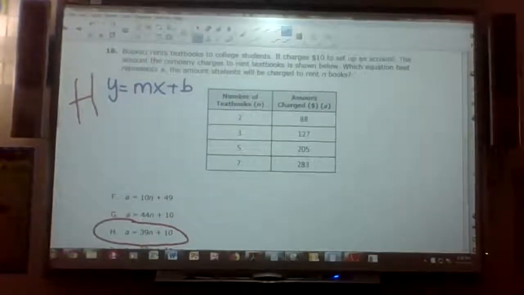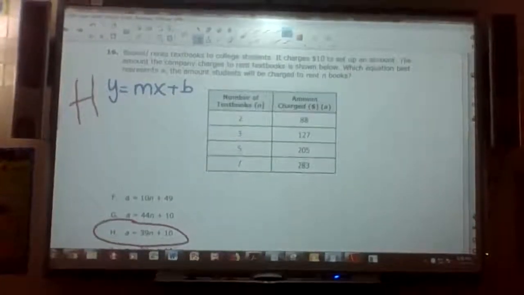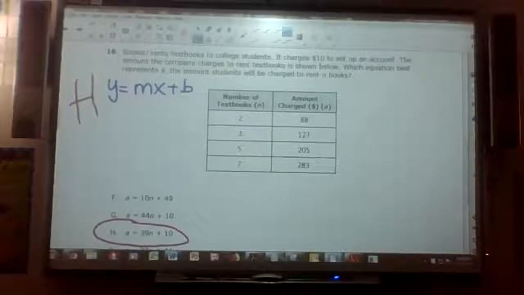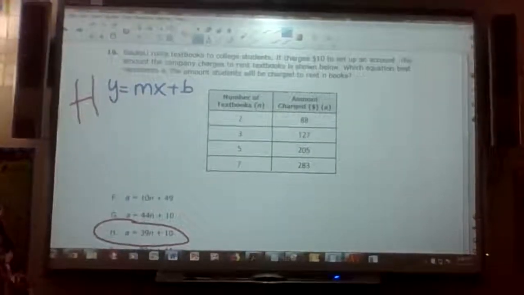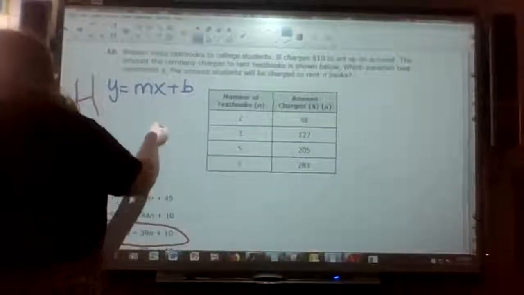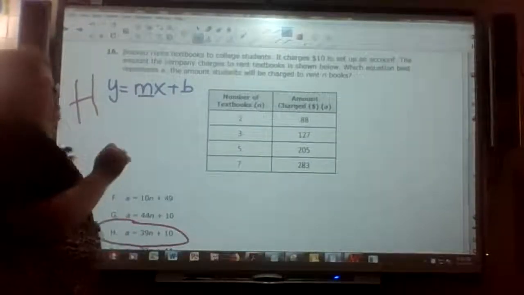And what I notice is that I have to find slope first.